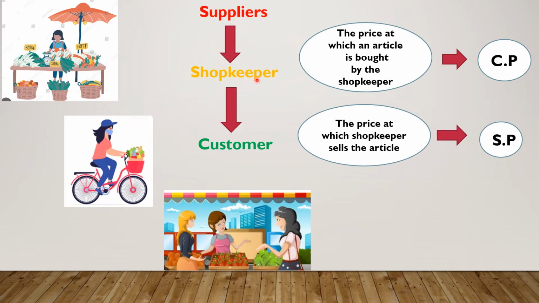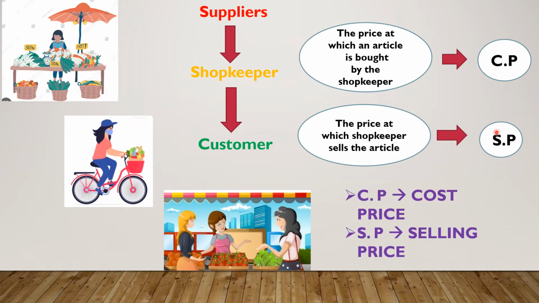So the middle person is the shopkeeper. He gets fruits and vegetables from the supplier, that is the cost price, and he sells the fruits and vegetables to the customer, that is the selling price. Now we have the concept of cost price and selling price.